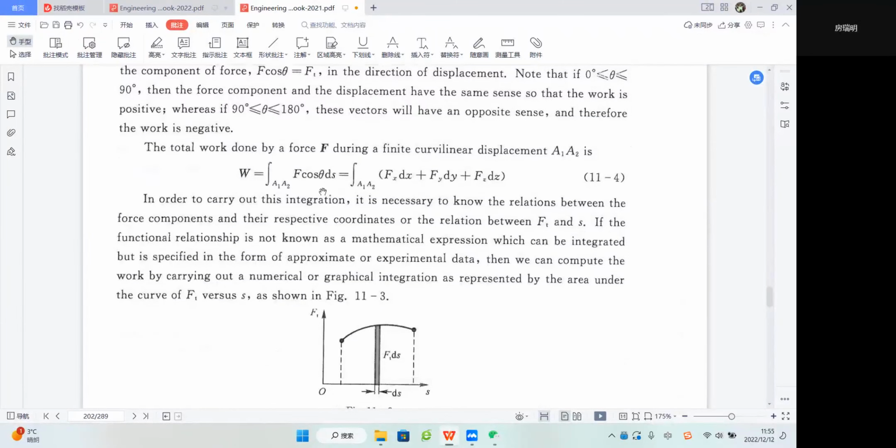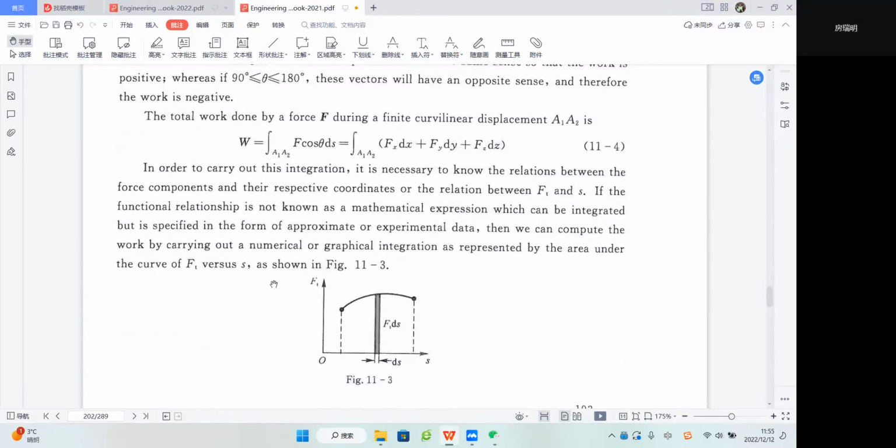But when we try to figure out the result, it depends on the type of force acting on the particle, right? So in order to carry out this integration, it is necessary to know the relations between the force components Fx, Fy, and Fz and their respective coordinates, or the relation between Ft and s, right?